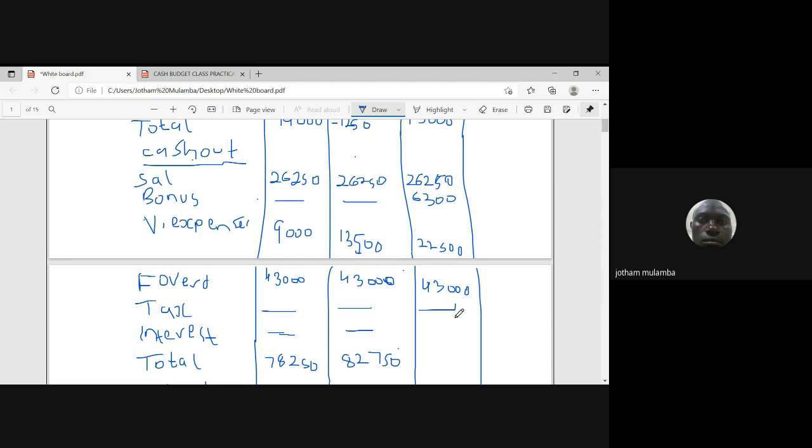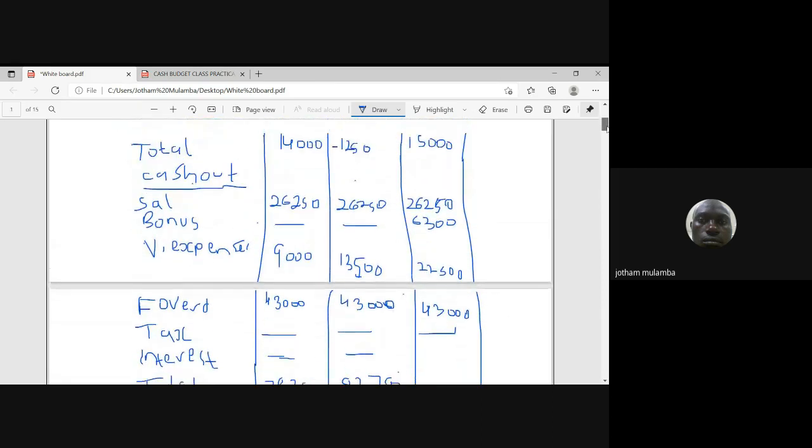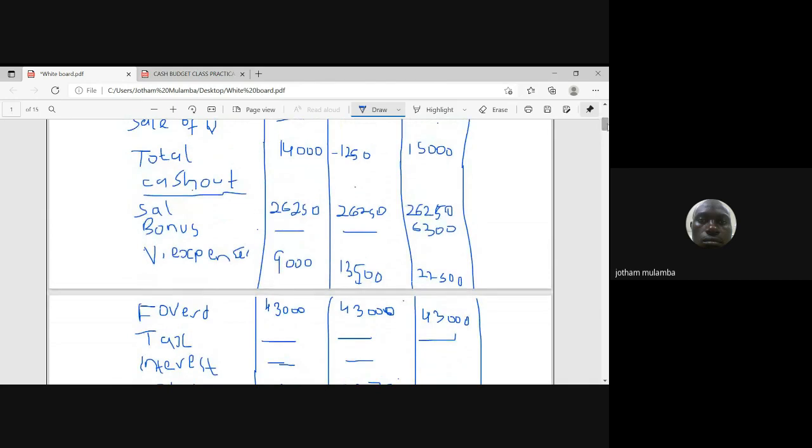Tax we didn't pay, interest we didn't pay, get total. Somebody to get us total cash outflow. $98,050.